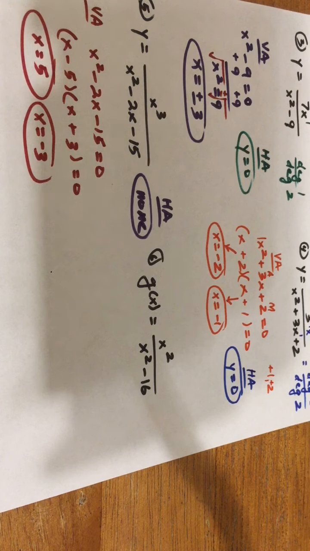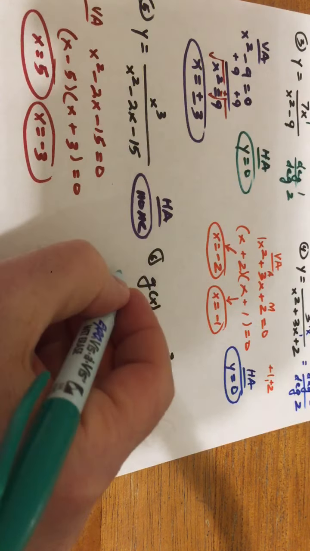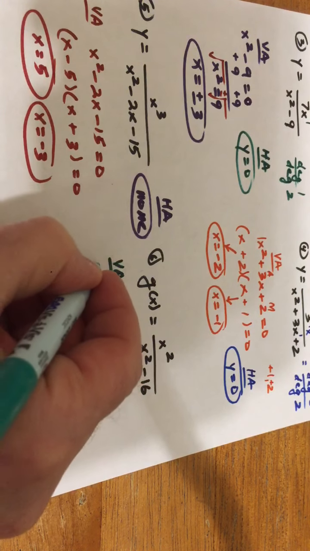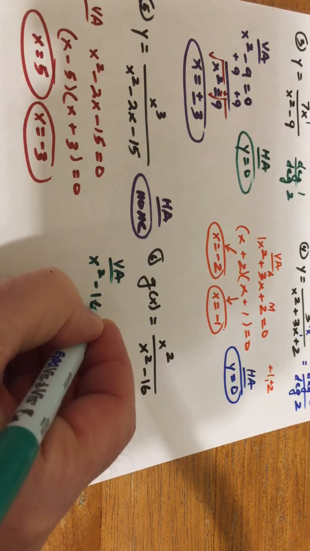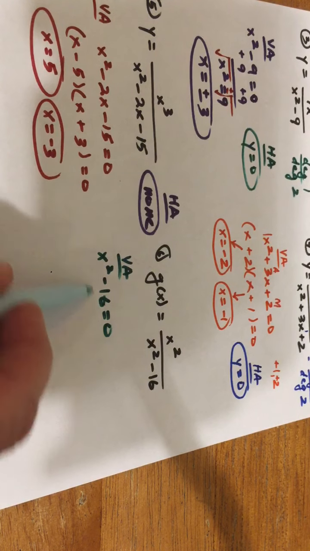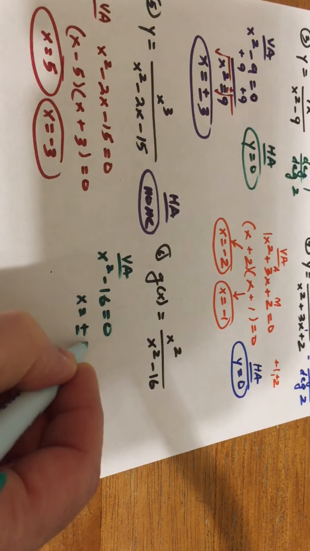All right, let's go ahead and go through this one as well. For this last one right here, our vertical asymptote, we'll set our denominator equal to 0, and solving that just the regular way, and I'm not going to show the steps, we're going to get x is equal to positive or negative 4.